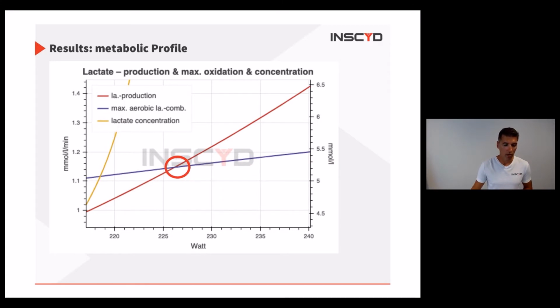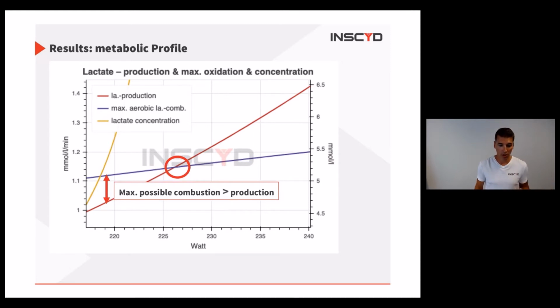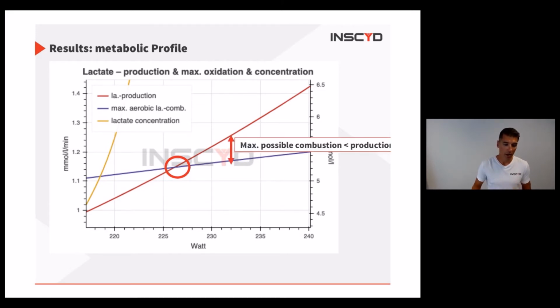Well, if you look left, so to speak, of this point, you can see that the possible combustion is always higher than the production. And you could look right of that point, at a higher power output, where combustion is lower than production. Production exceeds combustion.